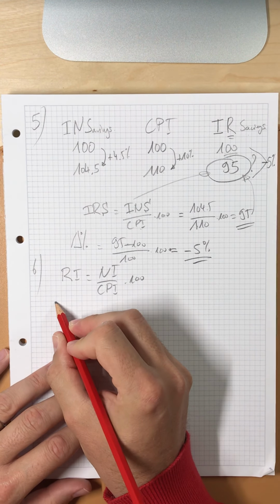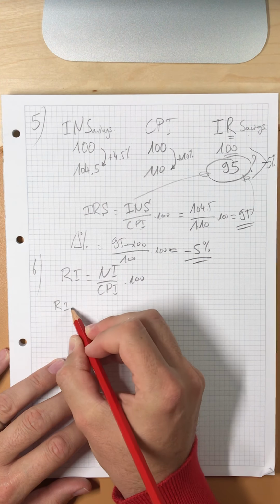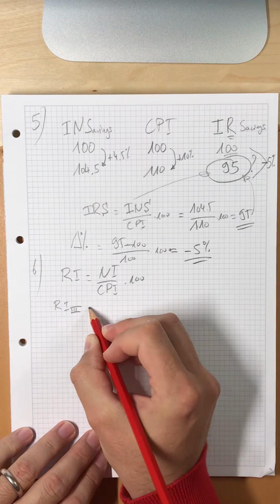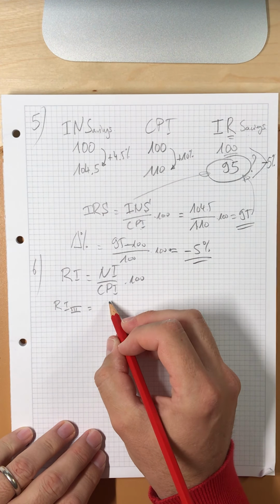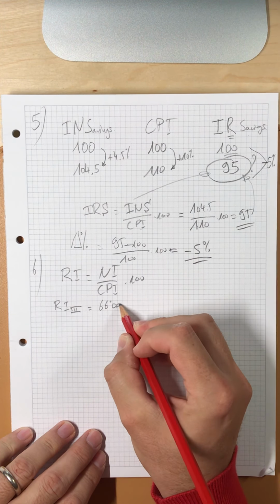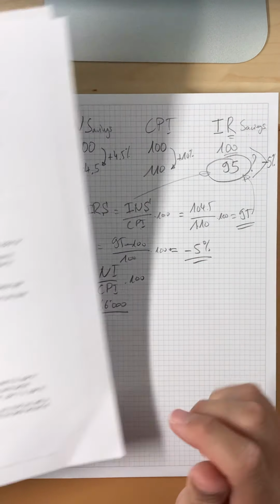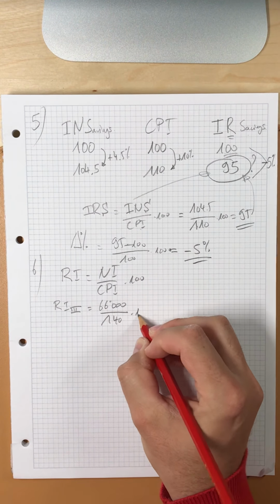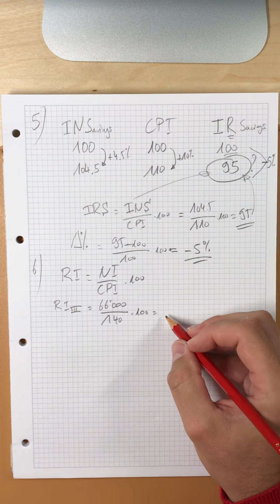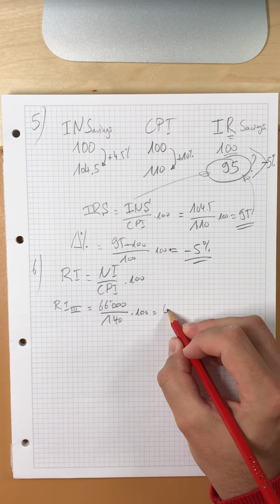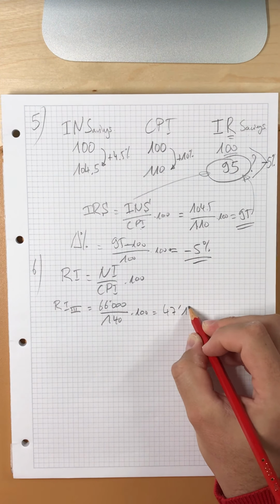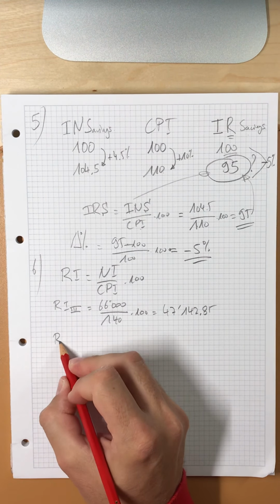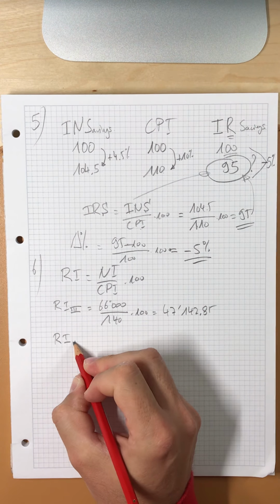So let's calculate the real income of year 3. So the nominal income of year 3, 66,000 over the CPI, 140, times 100. And you will find a real income approaching 47,142.85 Swiss francs. And you calculate the real income of year 4.